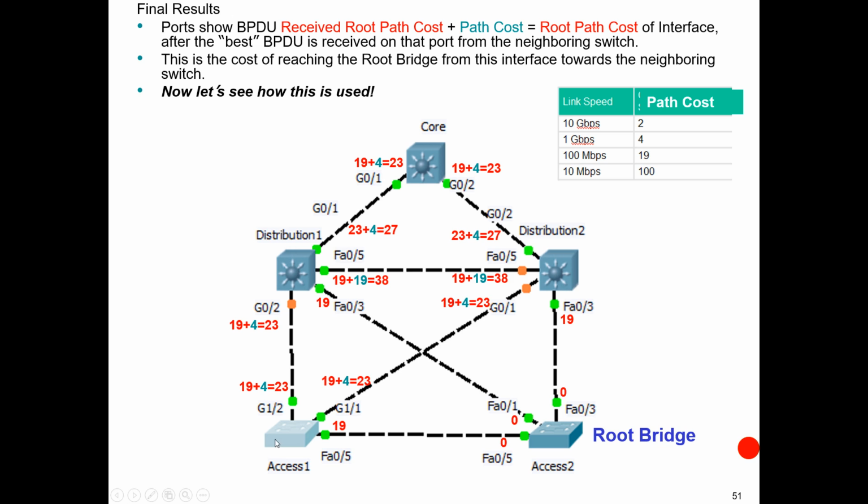To go from this switch to this switch over here will be 4 plus 19. To go from distribution 2 to distribution 1 to the root bridge will be 19 plus 19, so that'll be 38. To go from our core either way to our root bridge will cost 23, because 4 and 19, or 4 and 19.